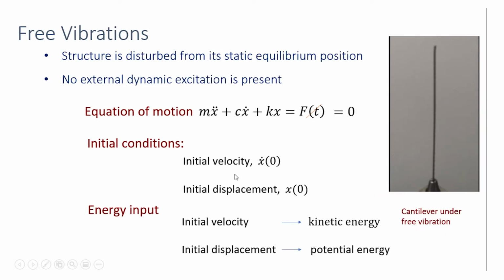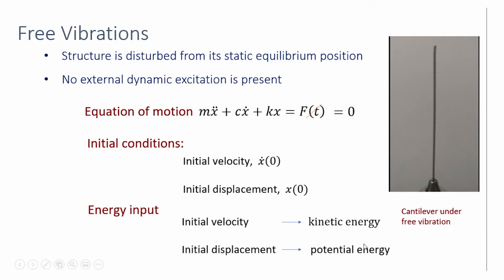When we give this initial displacement or velocity, the structure gets some energy. An initial displacement gives the structure potential energy or strain energy, and an initial velocity gives it kinetic energy.